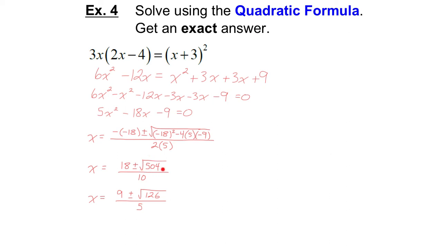So the square root of 504 divided by the square root of 4 is square root of 126. Okay? Now, if you can get to this point here, I'd say you're good. If you can recognize how to get to this more simplified form, then that's even better.